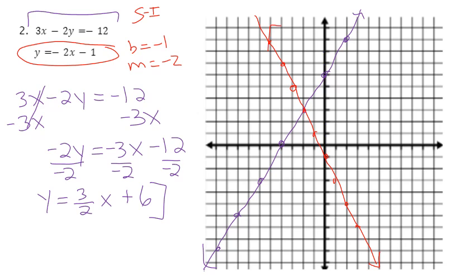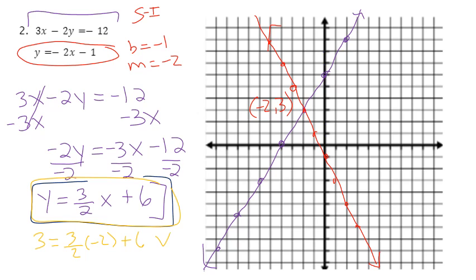And I actually do have an intersection. It's at the point negative 2, 3. And if I wasn't sure, I could always check my answer. So if I was to put negative 2, 3 into this equation here, it actually checks out.